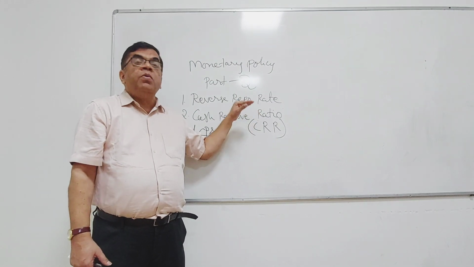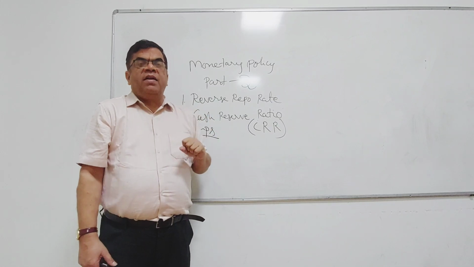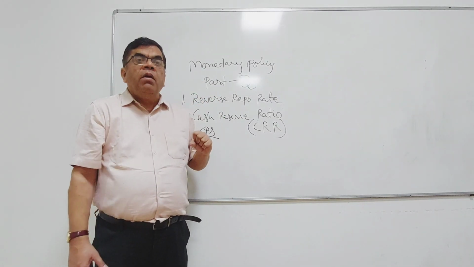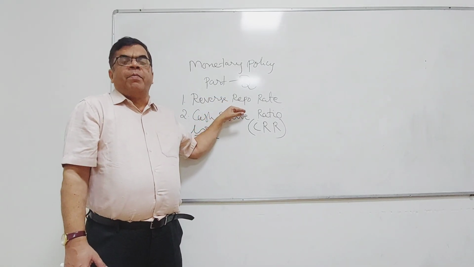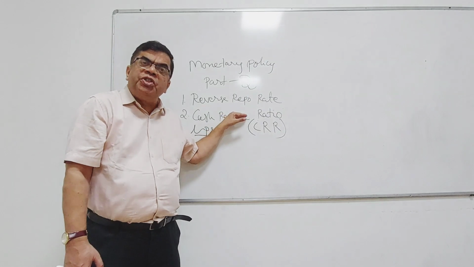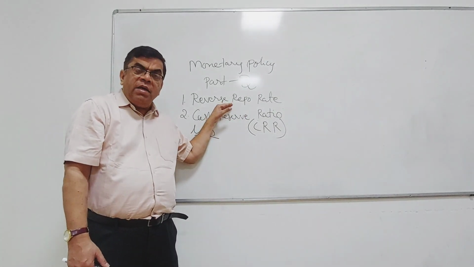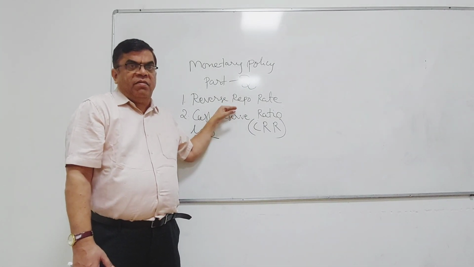So during the time when price stability needs to be achieved, that is when inflation is there in the economy, RBI increases the reverse repo rate, which attracts the commercial banks to keep their funds with RBI in order to earn higher interest rates.